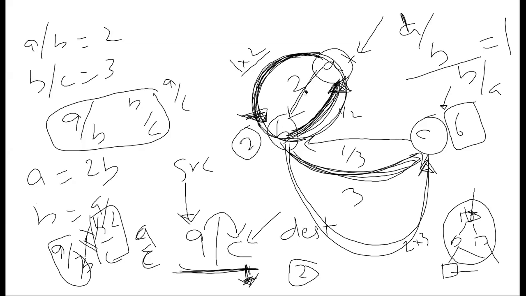Is that clear? Yep. Okay. How is C the smallest one? I didn't get it. Because A by B is 2 and B by C is 3, right? Okay. For example, suppose let's represent everyone in the smallest denomination. A could be US dollar, B could be Indian rupee, and C could be Japanese yen.